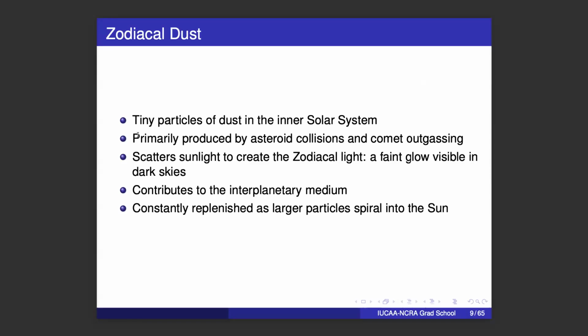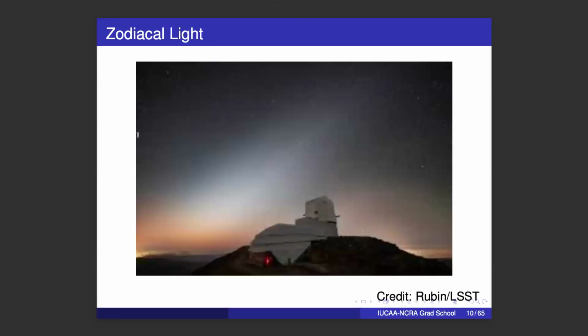It's a faint glow visible in very dark skies, and it contributes to the interplanetary medium. So what is the material in between the planets? It's mostly this dust. It has to be constantly replenished because the larger particles will slowly spiral into the sun.